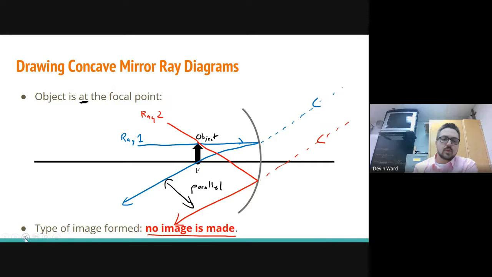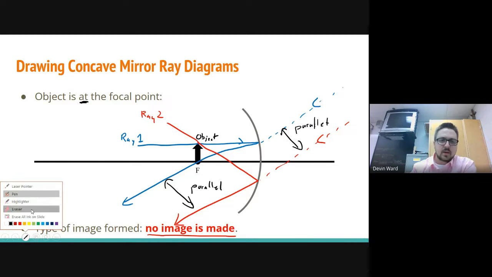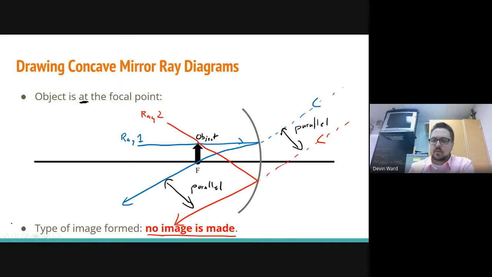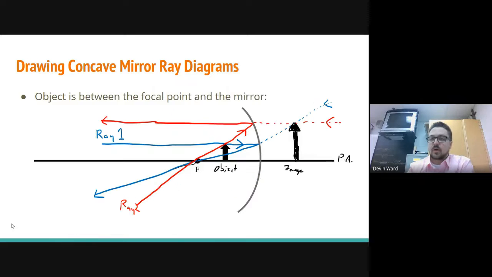It can't make a virtual image either, because even on the mirror side, they're still parallel. So that's why it can't make it on either side, because the reflected rays are parallel forever.